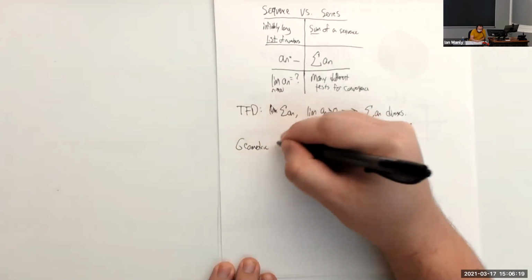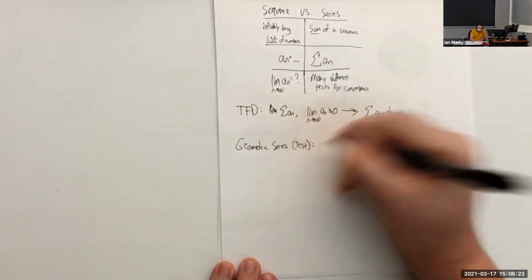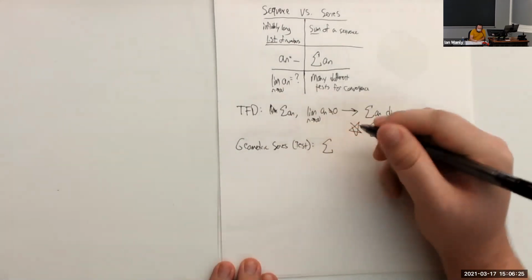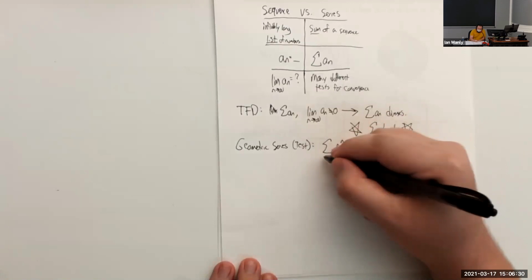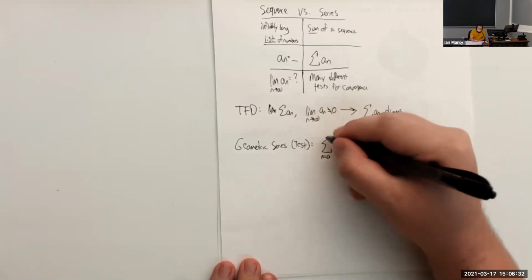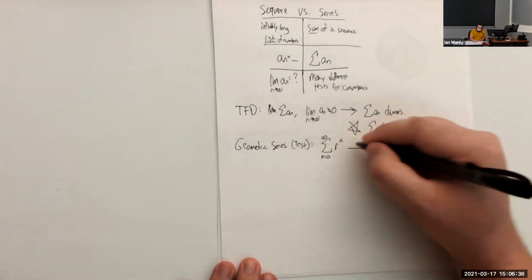Next, we had geometric series, and we can consider this a test as well. So if we have a series that looks like r raised to the n, and it starts from n equals a and goes to infinity, then one of two things happen.